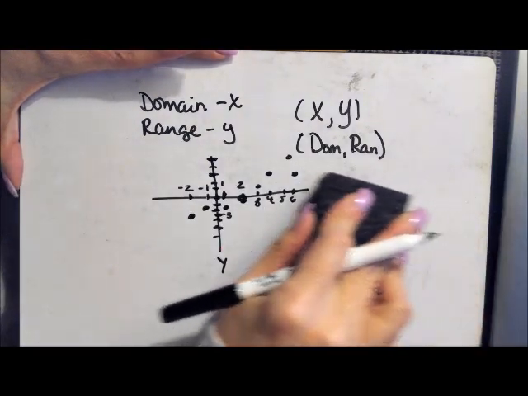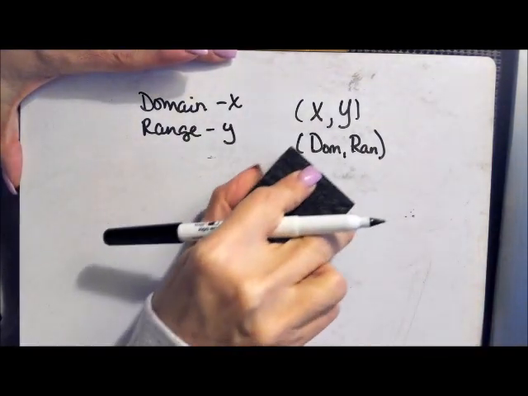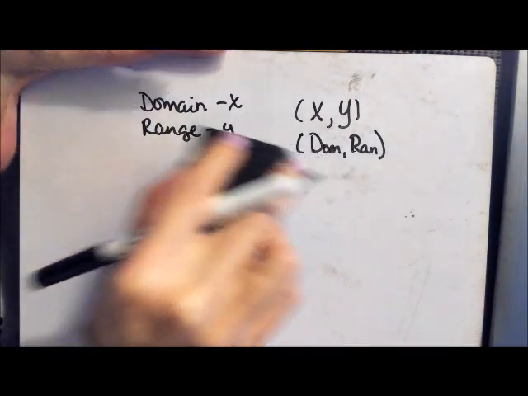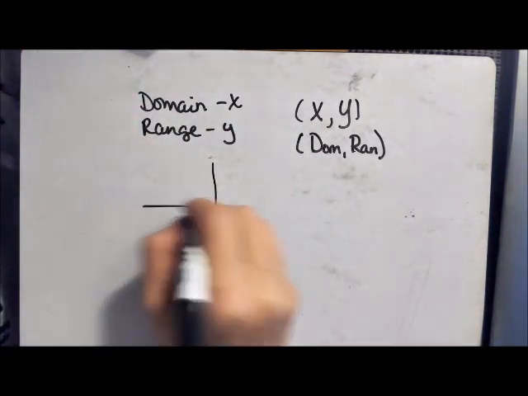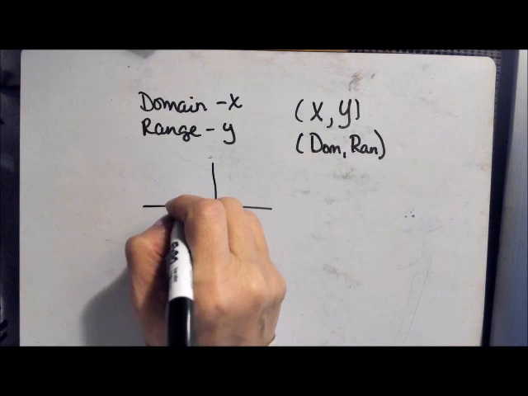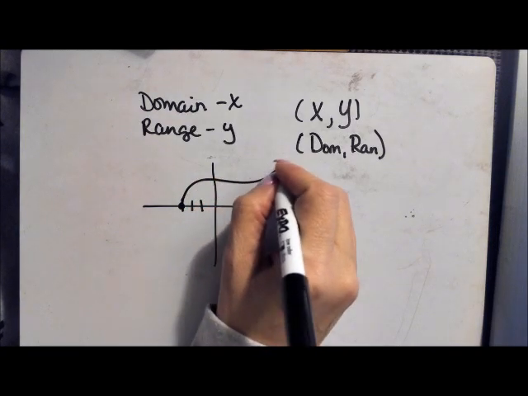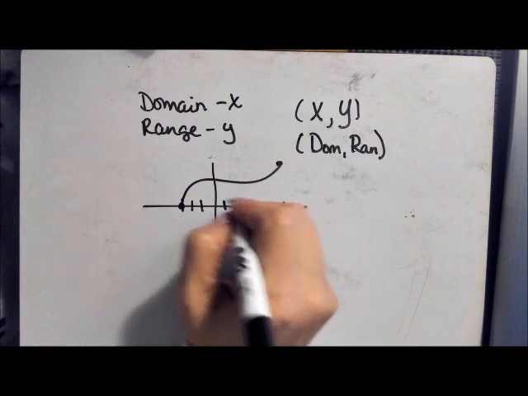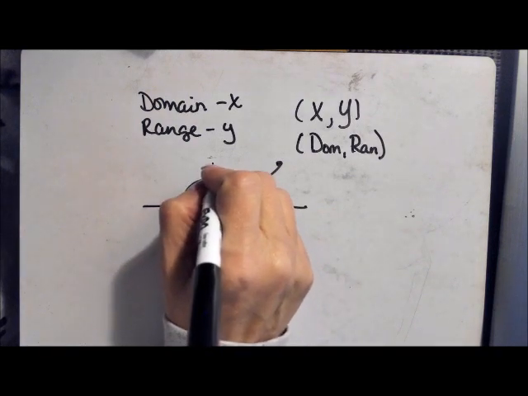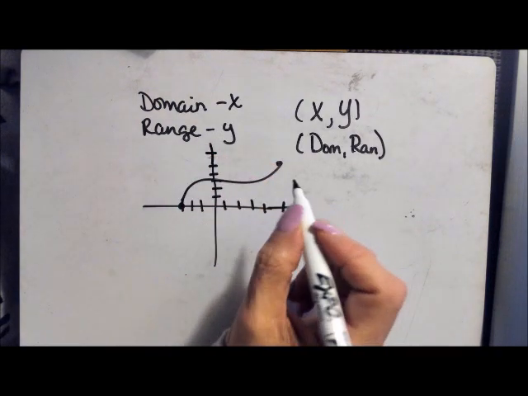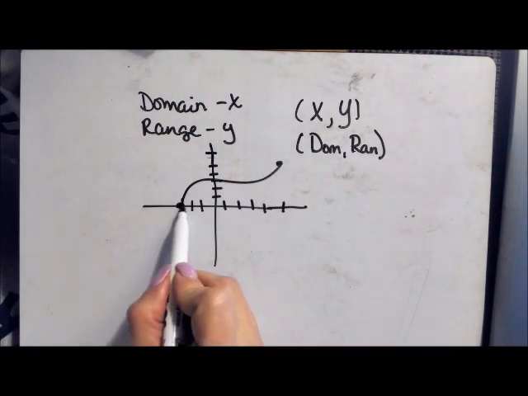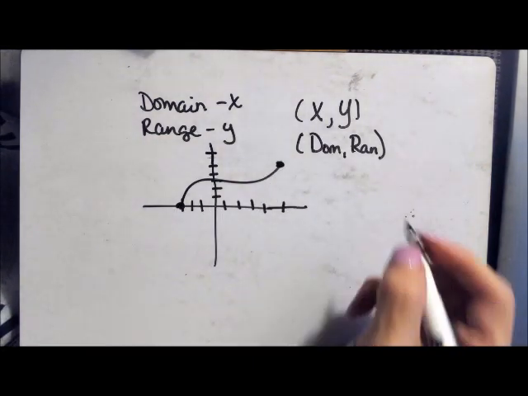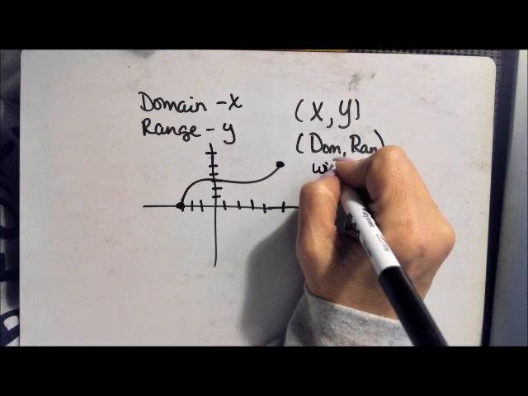The other option is sometimes they're not discrete graphs that I can count. Remember, discrete is countable. Sometimes they are continuous graphs. So let's say that this looks like this. Okay. So this graph goes from here to here. Well, the domain is how wide is it?